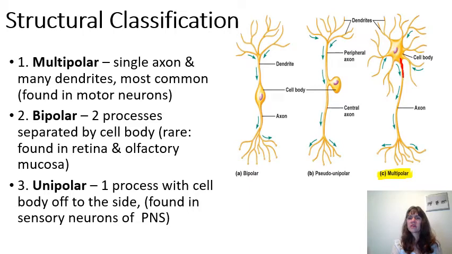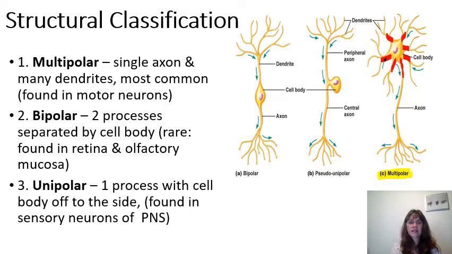So if you go to the soma or cell body and just count the processes coming off of it, you can see there are a lot. There are multiple processes coming from the cell body, therefore it is multipolar. Multipolar neurons are the most common type of neurons in the nervous system, and motor neurons are multipolar neurons.